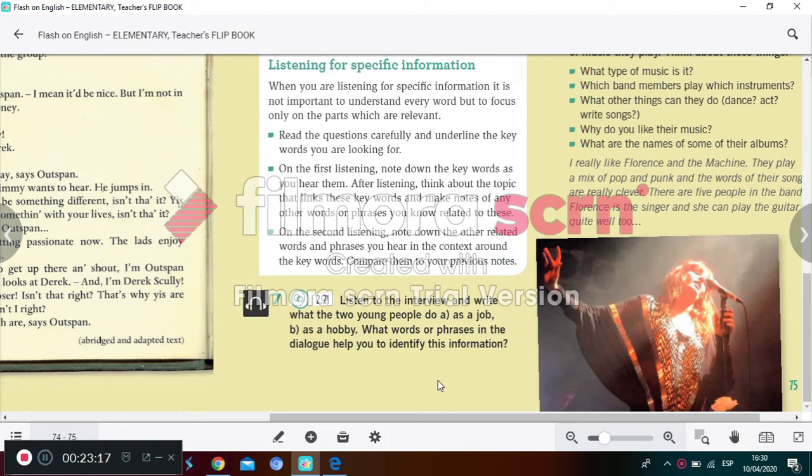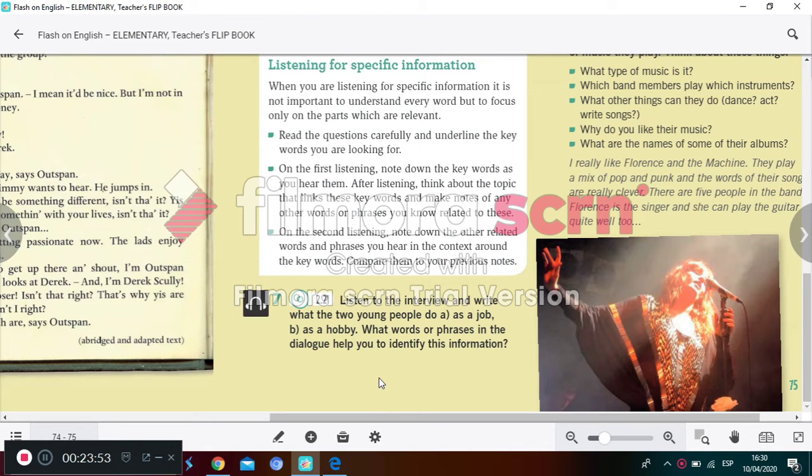So, in activity number 7, you are going to listen to the interview, okay, about 2 young people, okay? And you need to write the actions that these 2 young people do as a job, and the activities that these 2 young people do as a hobby, in their free time, okay?